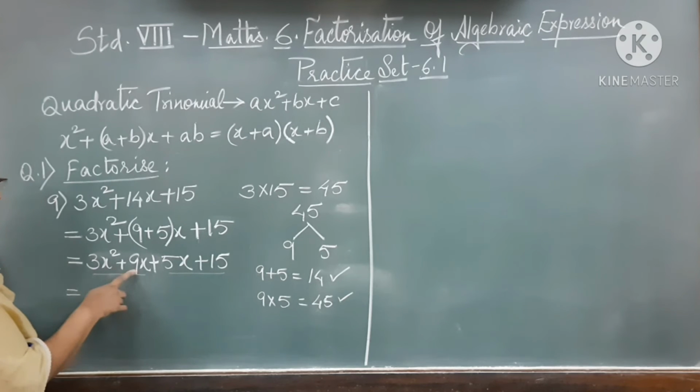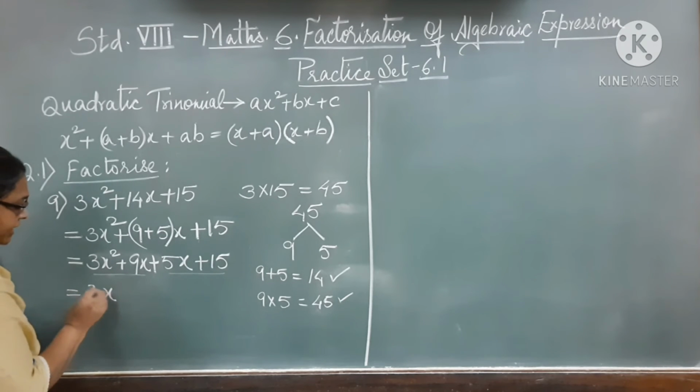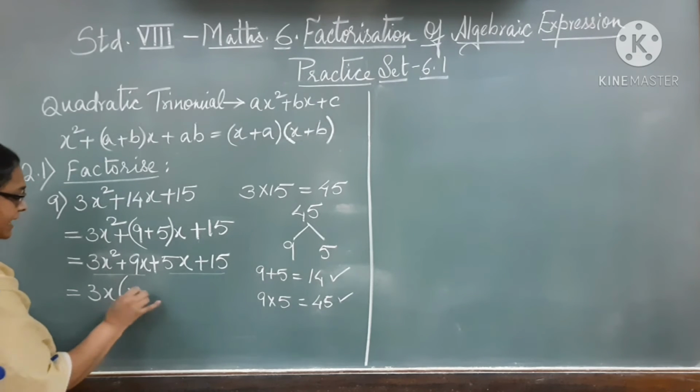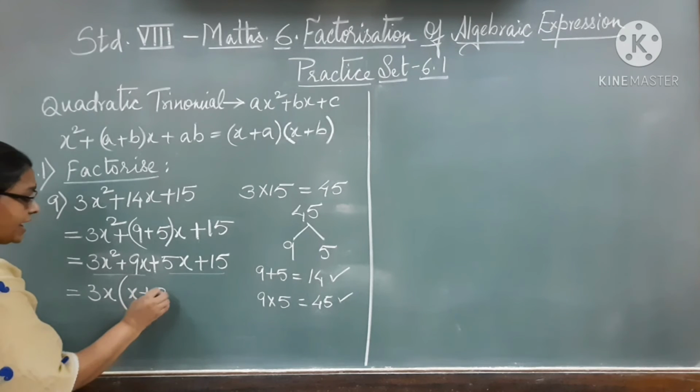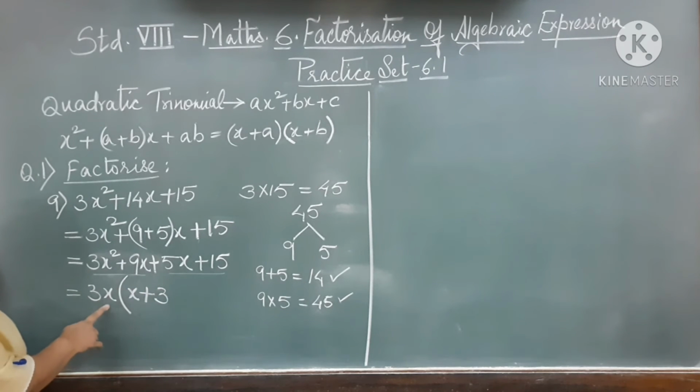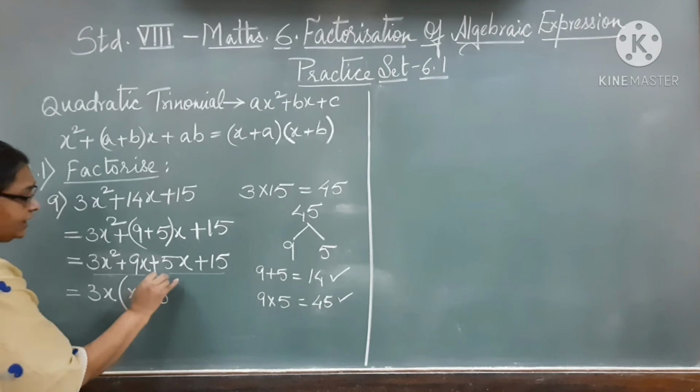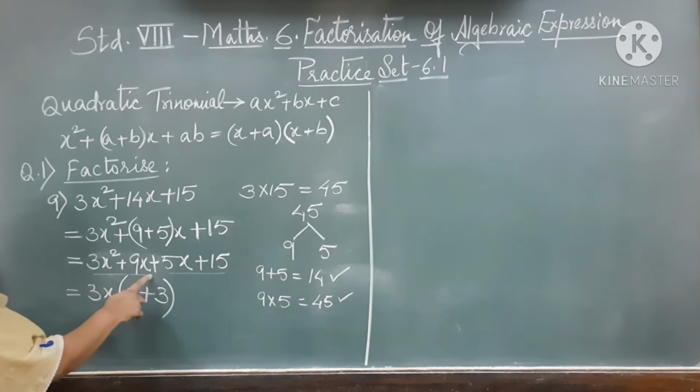So 3 and 9 are multiples. So let me take 3x as the common term, 3x into x plus, now I have taken 3 as common term. So remember 3 3s are 9, x is already taken outside. So x plus 3, I will stop here. I have finished simplifying this.